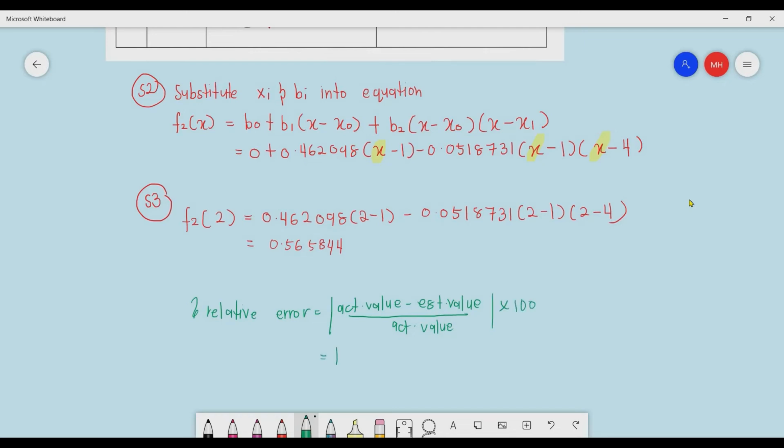So we have ln 2 minus the estimated value, 0.565844, over ln 2, multiply 100, where you get 18.37%. This is how you find the second order polynomial using the Newton divided difference.